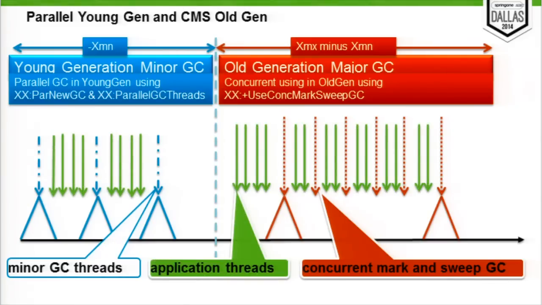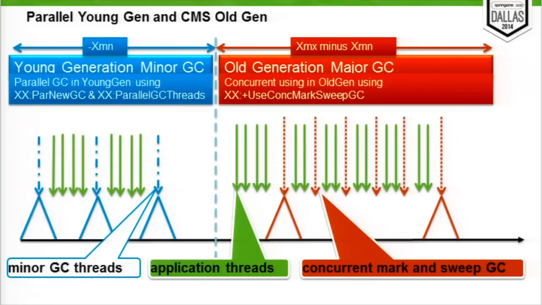Now, this is significant because these gaps are when our application breathes and its threads run. When it hits this, nothing is running. So ParNew GC is parallel, but it still stops the world. It's made parallel by the fact that you can have multiple parallel GC threads, and it's made a little bit more scalable.